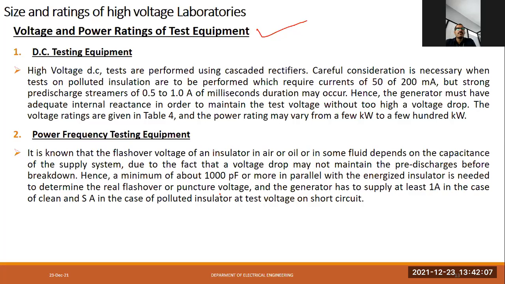Is my screen visible to you or not? Hello. Visible. Okay, which slide are you seeing right now? Voltage and power rating of test. Okay, just a minute.